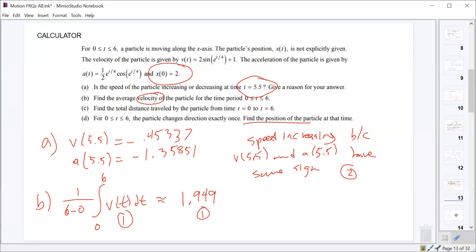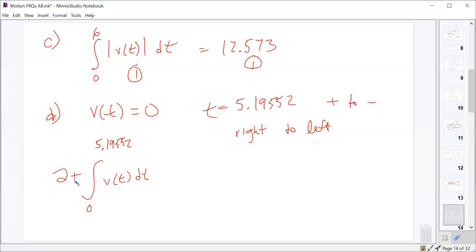So 2 plus that integral comes out to be 14.134, or 135, it says in the scoring guidelines. They would accept either. That was 3 points: 1 point for figuring out when v of t was equal to 0, 1 point for this integral, and 1 point for the final answer.